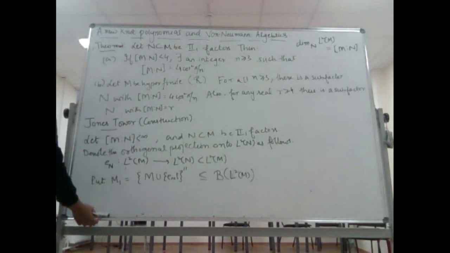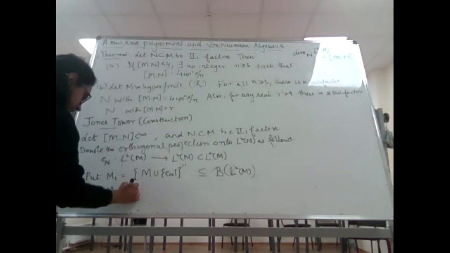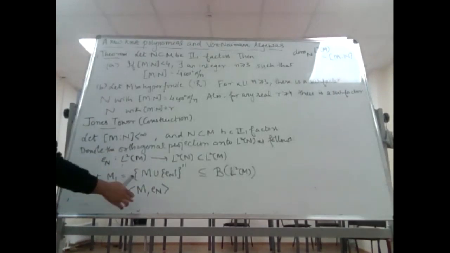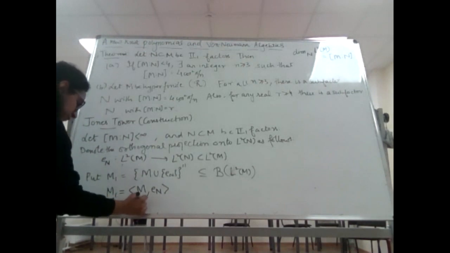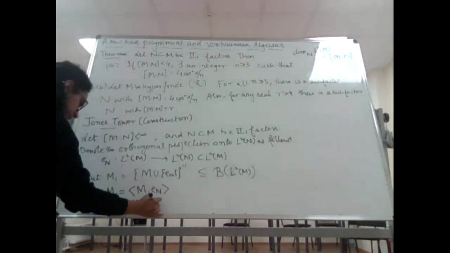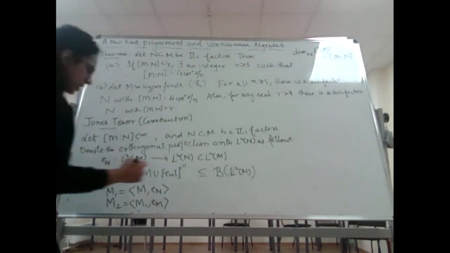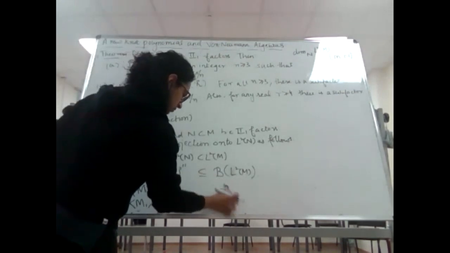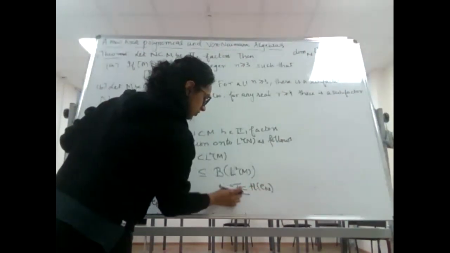Now, once we have this, we are going to denote it like this. So M1 is the algebra that is generated by M and En. And in the same way, we can form M2. And for this algebra, for example for M1, the trace is given by the trace of the projection that we used in generating the algebra.